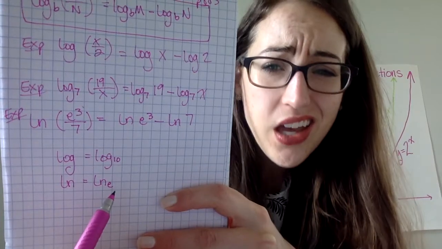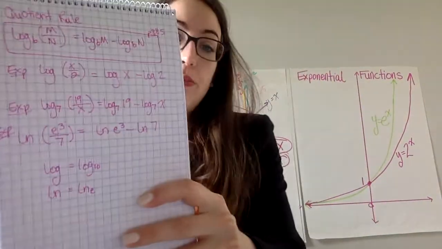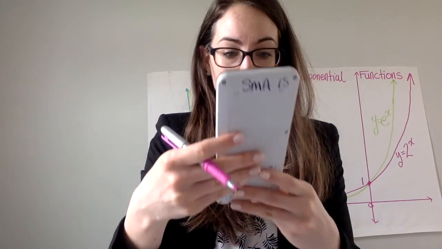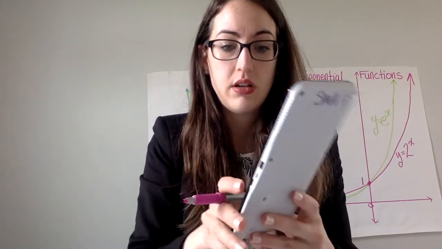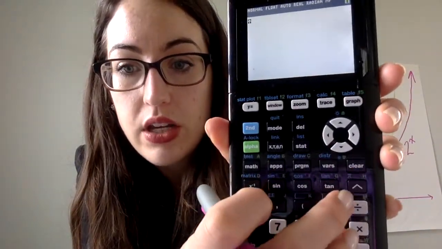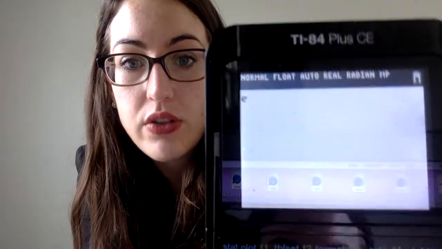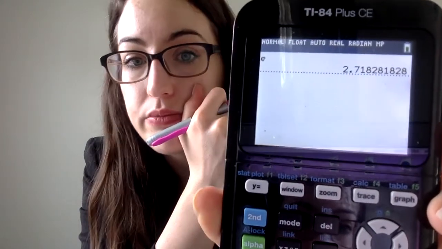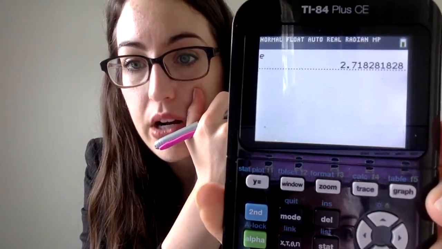What was e again? Grab your calculator. Your e button is above the division sign. Press your second and then your division sign, and that gives you the e key, just like you get the pi key. Hit enter, and we have this irrational number.